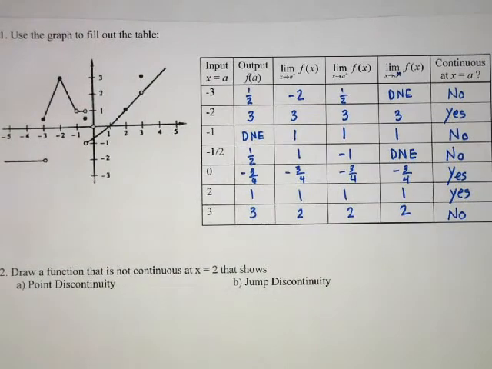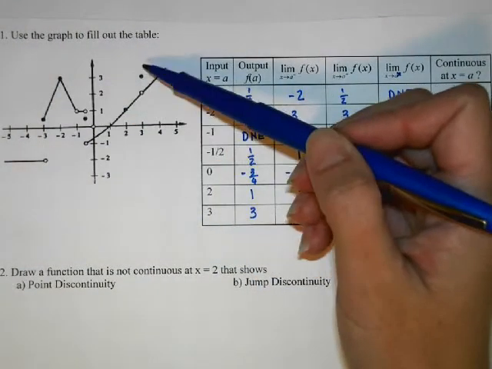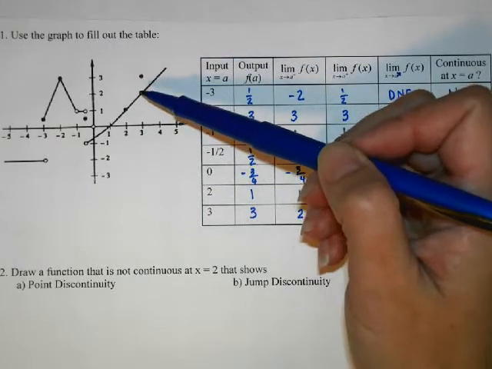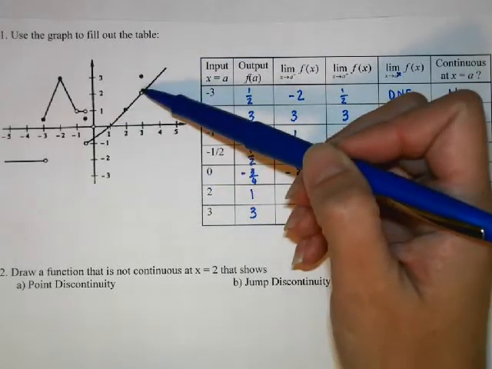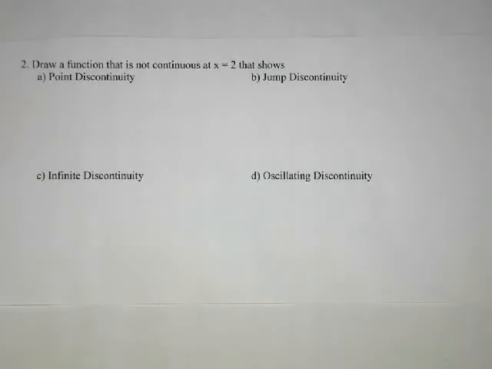So on a graph, it's really easy to see if there's any sort of a jump, a hole, anything like that, the function is discontinuous. But if it just goes through the point, just normal, then it's continuous. Now we're going to draw a function that is not continuous at 2 that shows different types of discontinuity.